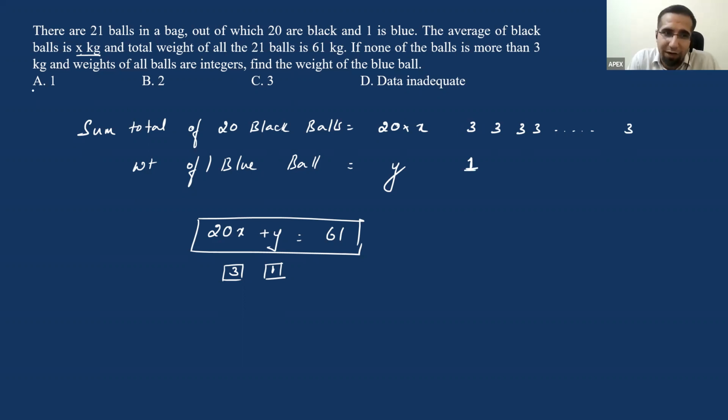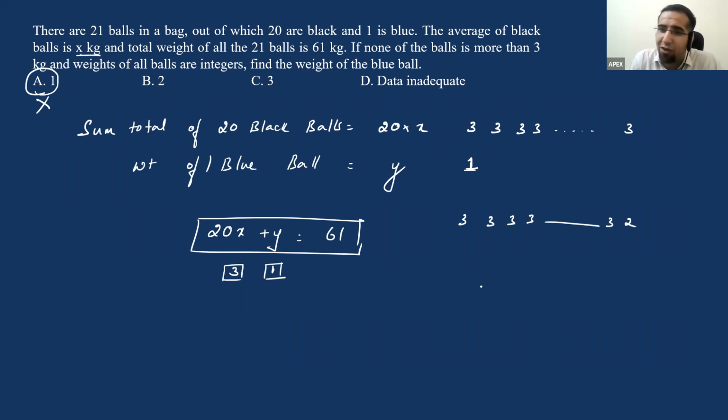A lot of students would have ticked option A and got out, but this is not the correct answer. This would have been the correct answer had the question told that the weight of all the black balls is same. The question did not tell you that. If the weight of all the black balls is not same, let's take a very simple case here. Let's say I'm taking 3, 3, 3, 3, 3 in all the cases, 19 balls.